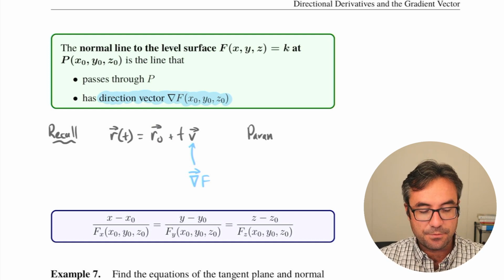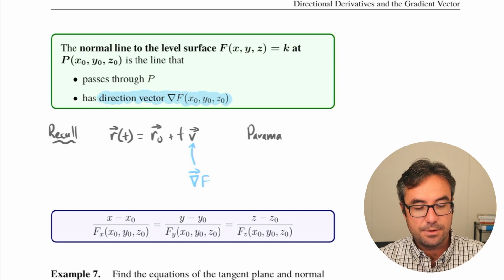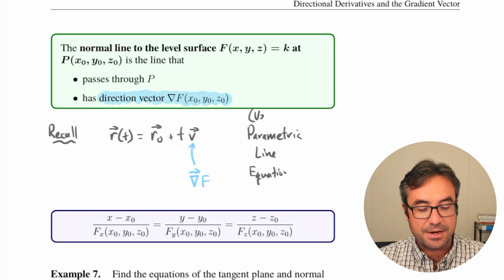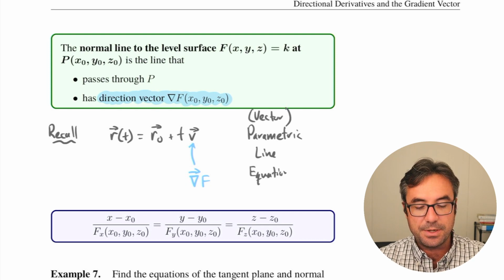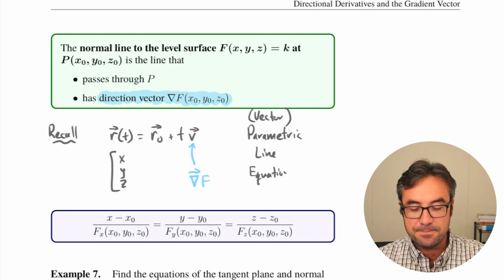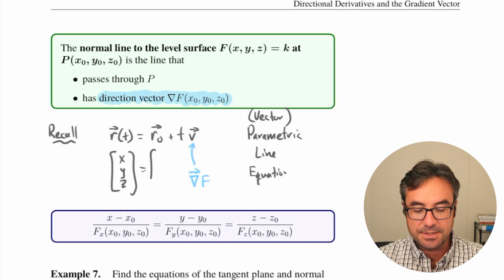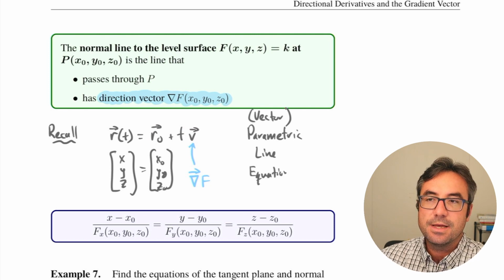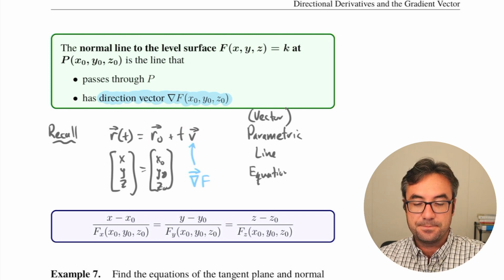So this is just the formula for a parametric line equation. Well, if we wrote it out, this is actually the vector formula. But we could easily think of this as the vector x, y, z, and then r0 is x0, y0, z0. So that's our general position. And then our direction vector v is the gradient.